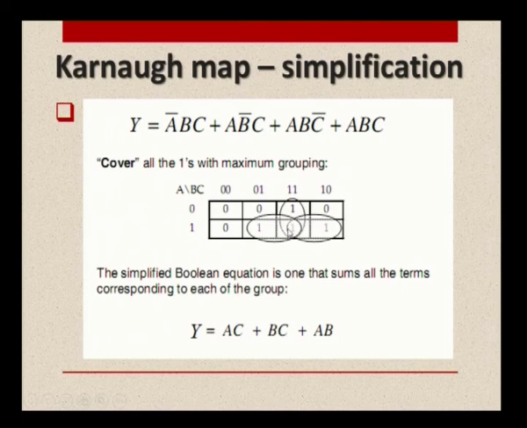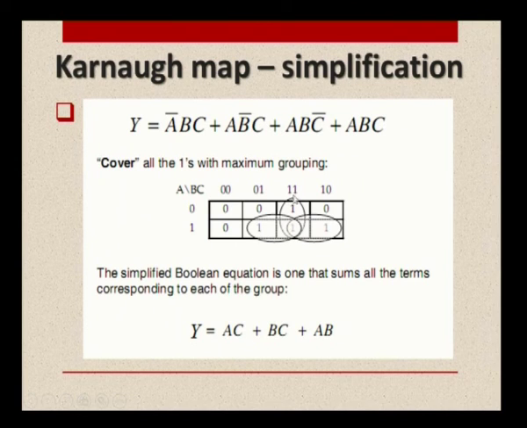When we form the pairs, octets or quads, we can consider a particular box for many such combinations. Here also, for example, this one is shared by these two pairs. That kind of thing is possible. After that we have to write a simple expression. There are 4 such pairs, each pair could be written as a term.